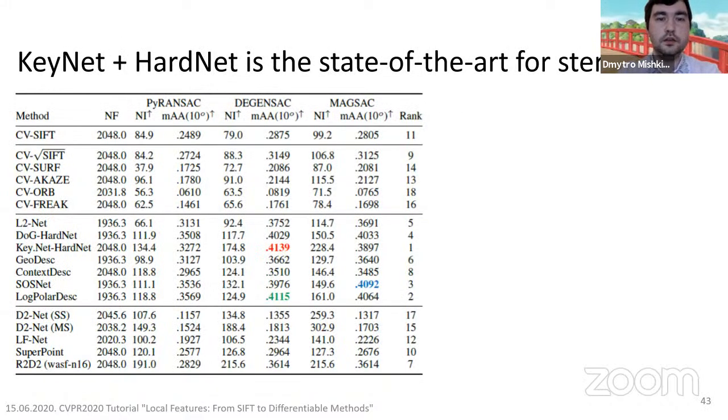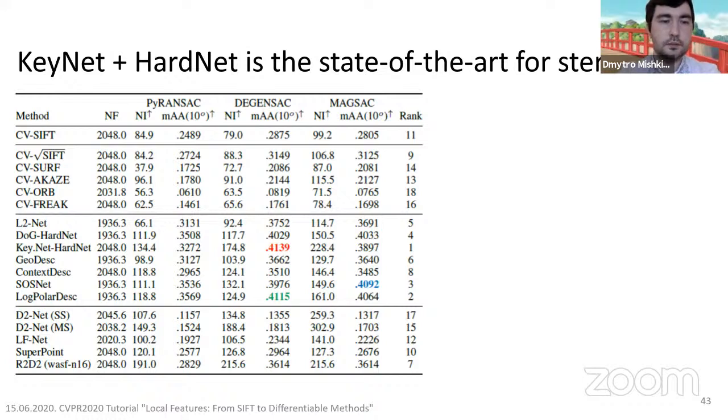For the 2K track, which means you have only 2000 features, the KeyNet detector performs pretty well with HardNet. We haven't tested it with other descriptors. I suggest using HardNet, but probably with SOSNet it would be a bit better.